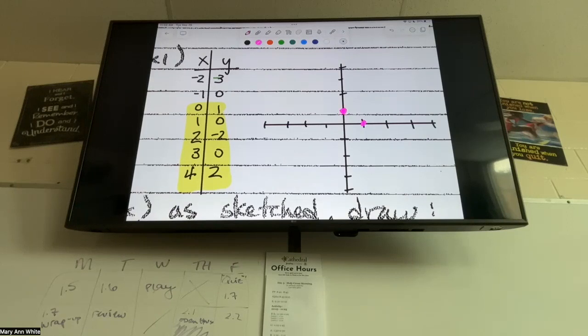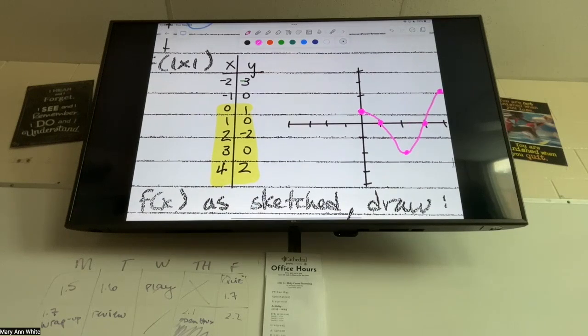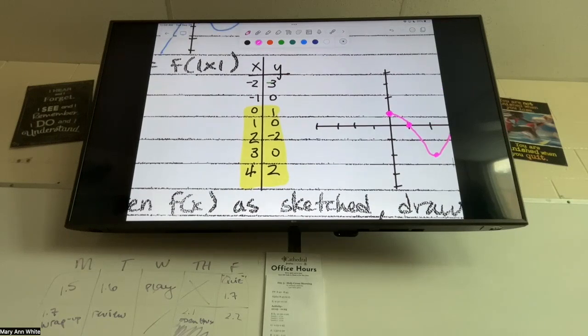All of my positive ones are fine. I'm not worried about that. Now, what happens when I absolute value my x? See that the absolute value is inside of the function. So basically we're taking the absolute value before we do the function. When I plug in -1, it's going to be like I plugged in +1.